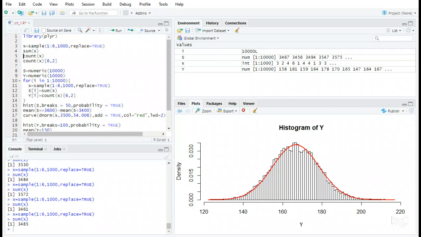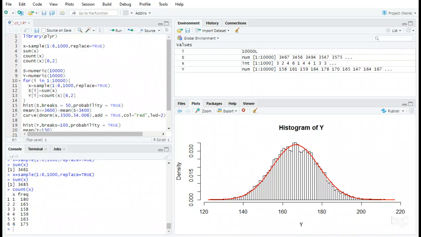And then there's another function called count, and count will just tell me the frequency of everything that occurred. So notice I had 175 sixes that time, 169, 156, 172, 160, and so on. If I just want that 160, I'm going to refer to the 6th row and 2nd column of that data frame.